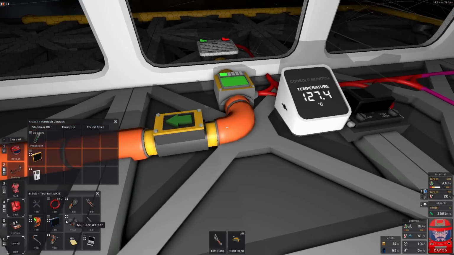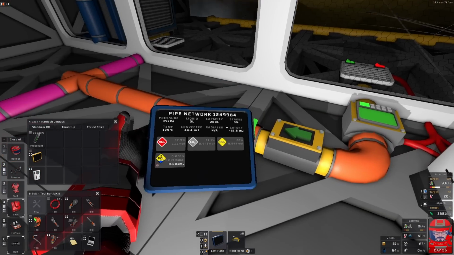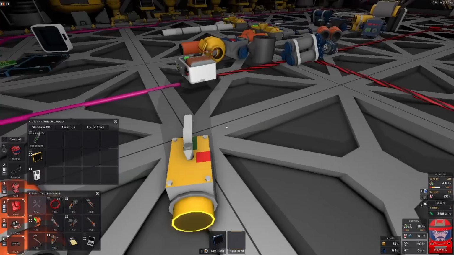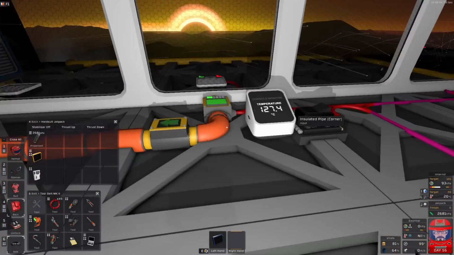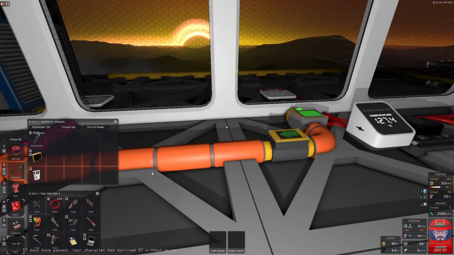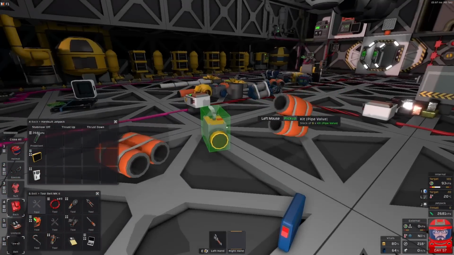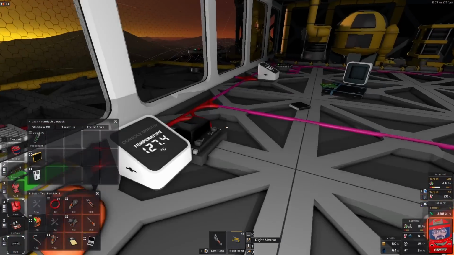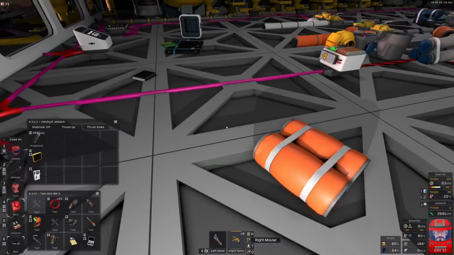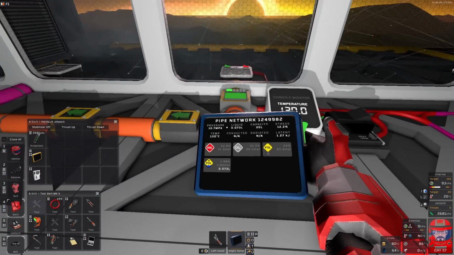Not enough. So if we look at you now, we have 3 megapascals in there. Let's try choking. Now 3 megapascals is not enough to choke up the pipe at this temperature. So let's try again. We shall chuck in another valve there and try again. Yoink. There we go.